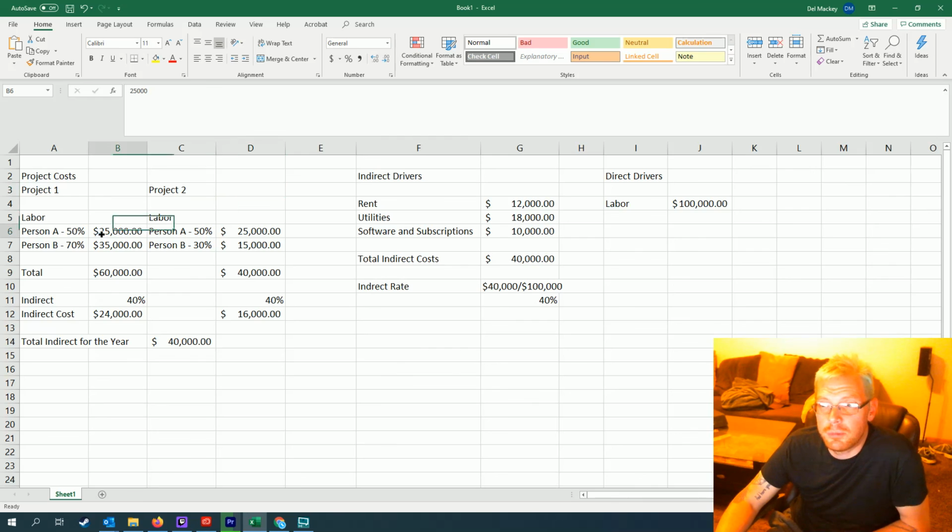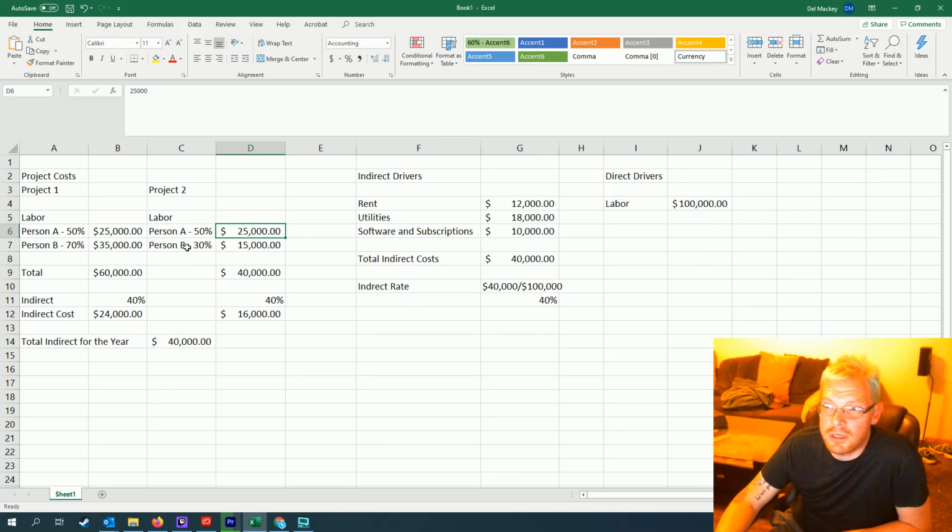On project one, the first person is at 50%, and that's $25,000, and that's a direct charge. And on project two, the same person is at 50%. So that's another $25,000. Again, that is a direct charge. Now person B is at 70%, so that gives you $35,000. Again, a direct charge.